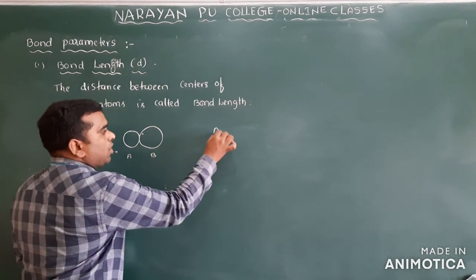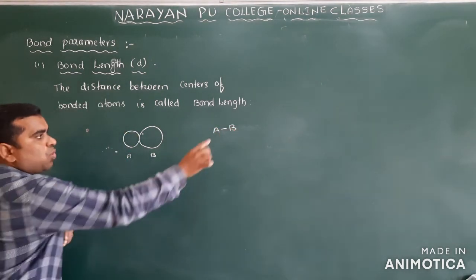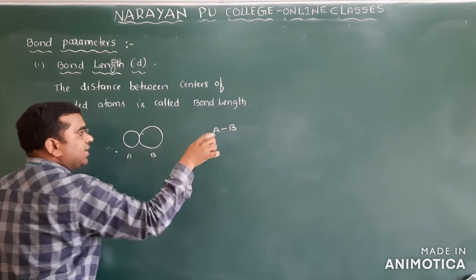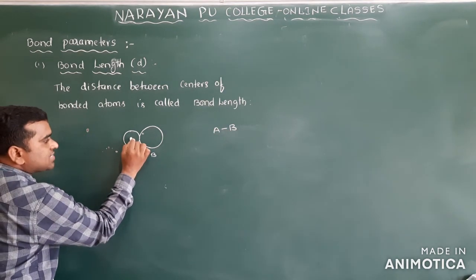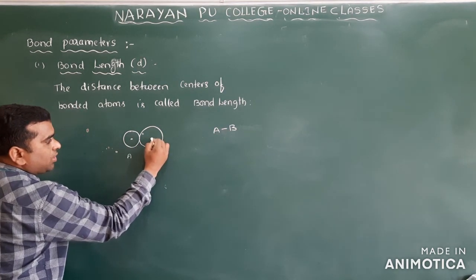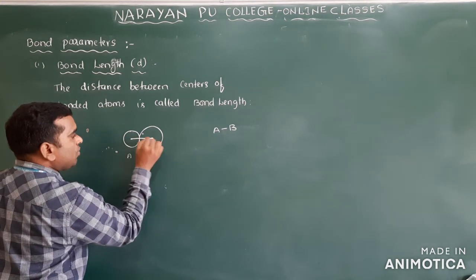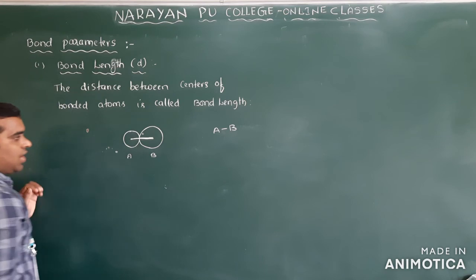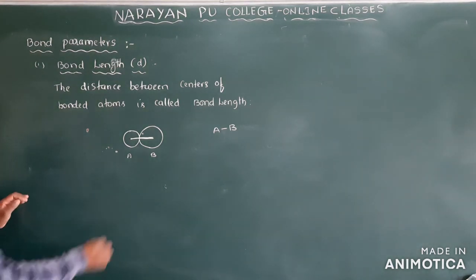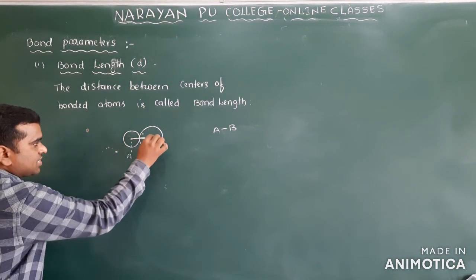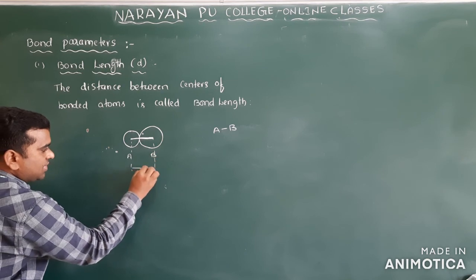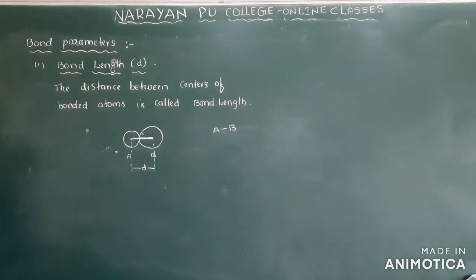So there is a bond between A and B. What is the bond length here? We measure the distance between the centers of the two bonded atoms, and this distance we will call the bond length. This we will consider as D. That is the bond length.